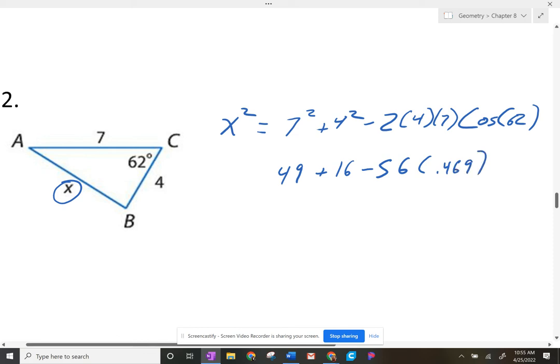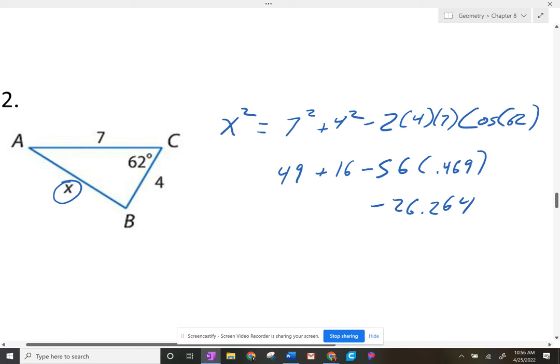Okay, and now I just have to push all those together. So I've got 0.469 times negative 56. As I put them together, I got negative 26.264.